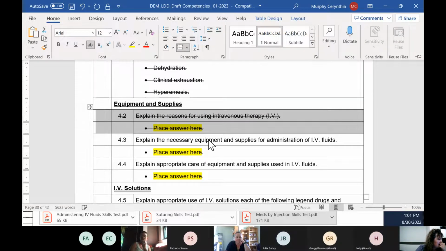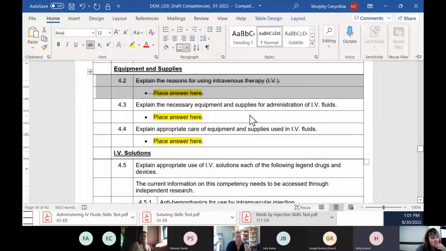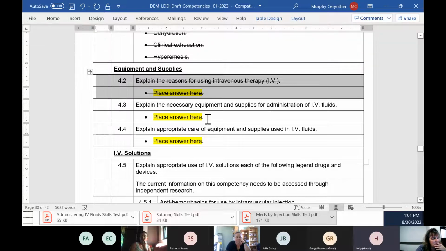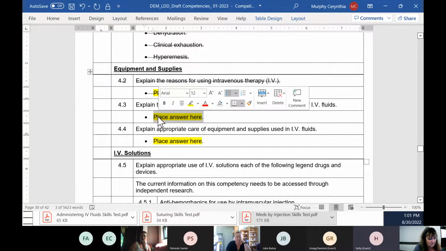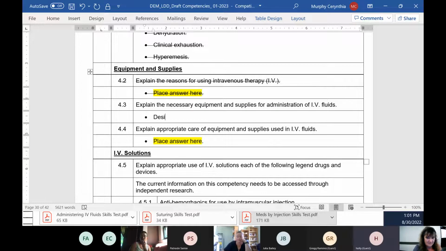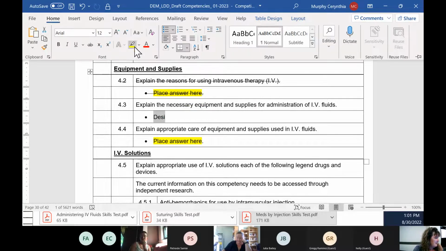Yeah. So here's where the beautiful young Desi could probably make us another fine list of supplies, because she's already probably done that up above. Okay. You good with that? Yep. Thanks, Desi.